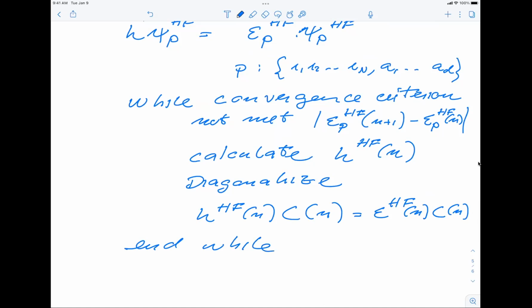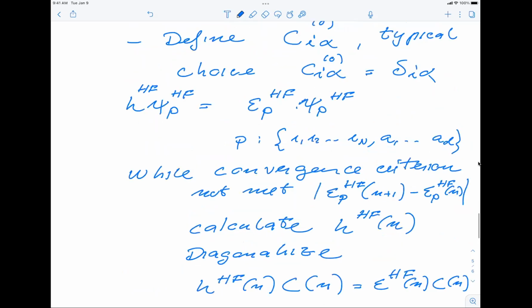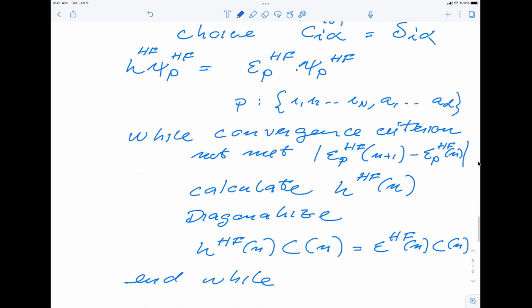So for every iteration, you need to calculate this matrix. Now, if you look at the diagonalization piece, that gives you immediately the energies, and then you can confront the energies with the results from the previous iteration, which means this quantity here. Now, there's a reason why you put the convergence criterion here and not on the total energy.